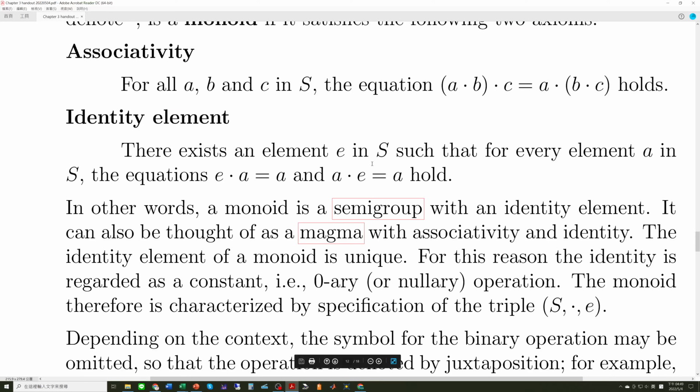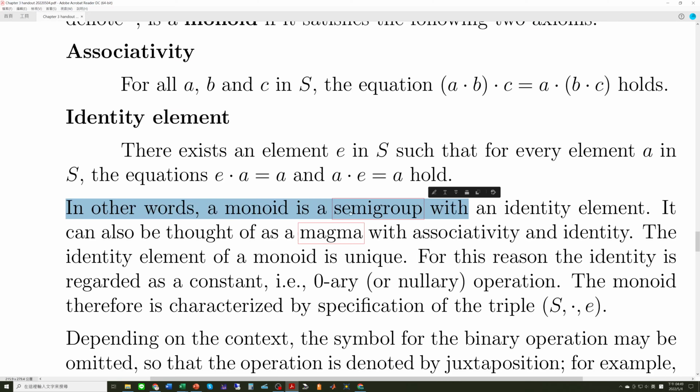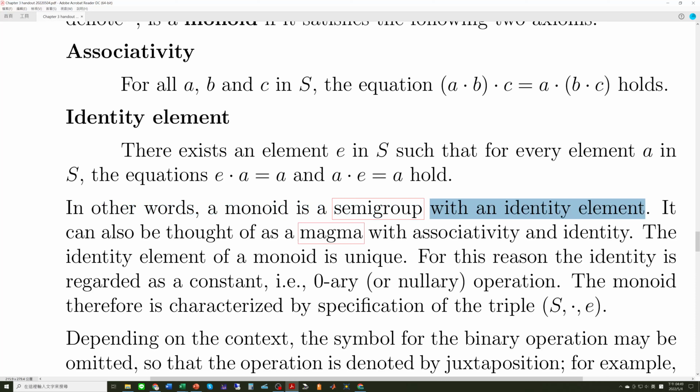Okay, let us continue to see the handout. In other words, a monoid is a semigroup. We will introduce what a semigroup is later. With an identity element, it can also be thought of as a magma.